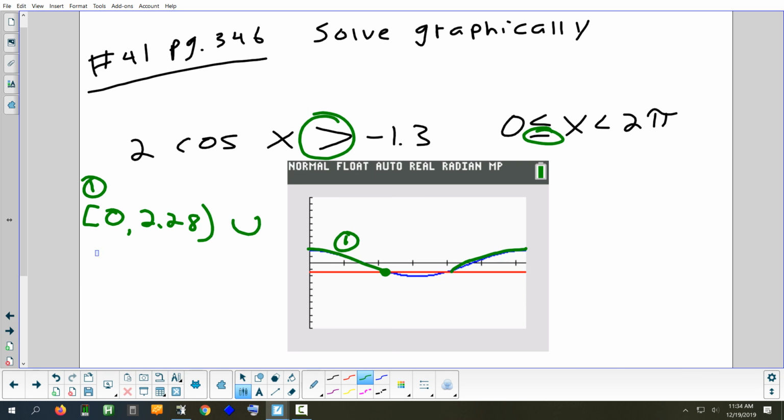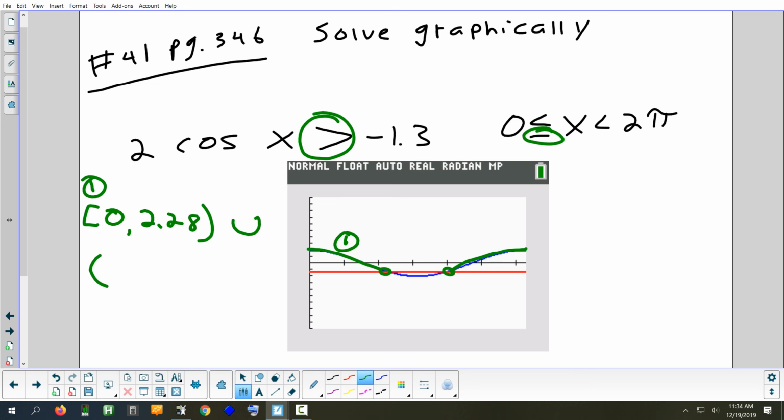How's my next interval going to start? Bracket or parenthesis? Parenthesis. So technically we're not including that, so I should really make that an open circle if we want to be picky. So, open.